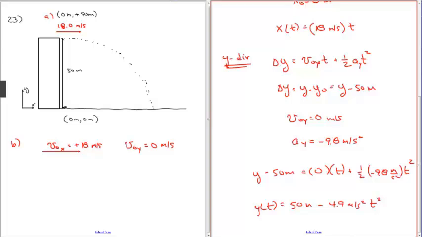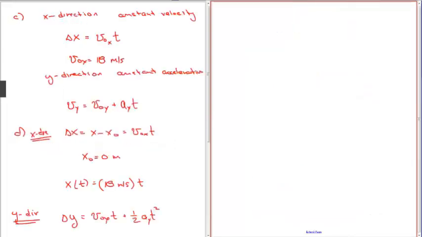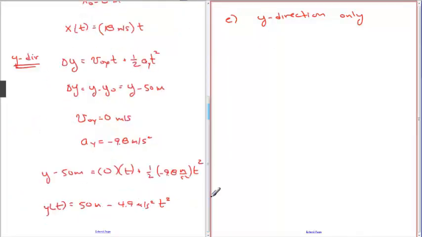So for this, part E, we're going to use the y direction only to figure out the time, because there's nothing stopping it in the x direction, there's only something stopping it in the y direction. So we'll use this equation right here, and when the object hits the ground, it is at an elevation, or y direction, of 0.